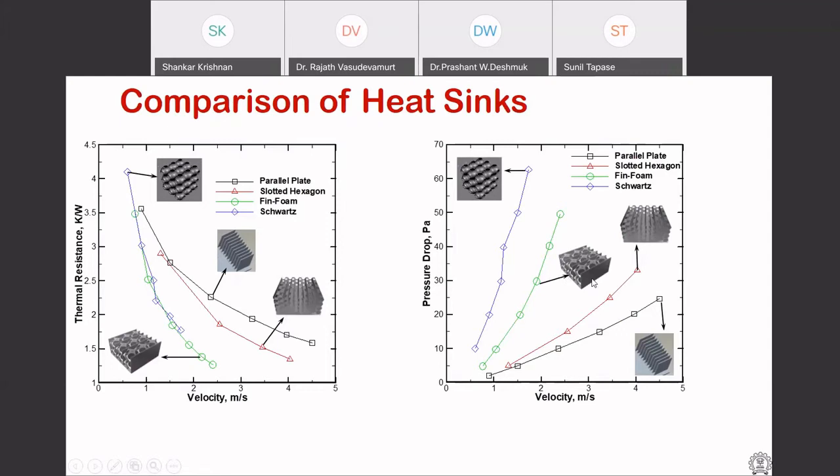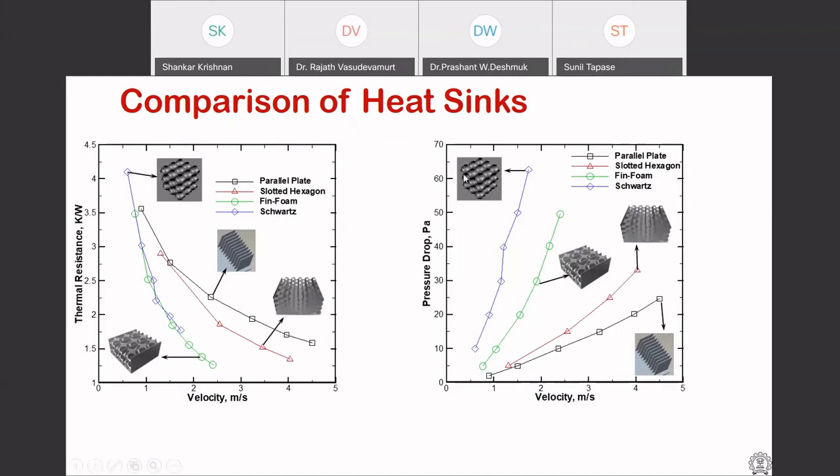Then these fin foams show extremely good performance based on pumping power. However, as claimed by Bhattacharya and Mahajan, they don't seem to show any better performance than the parallel plate heat sink on an equal pressure drop basis. They do incur higher pressure drop. But based on pumping power, they seem good.